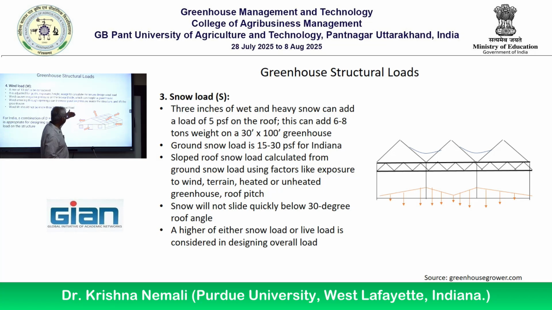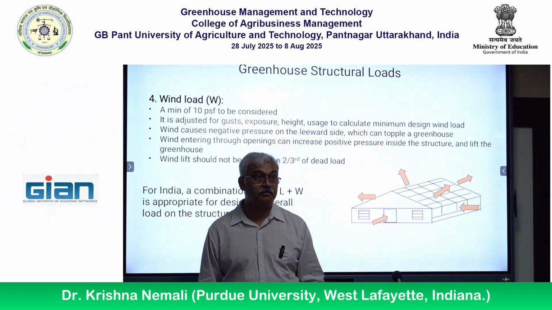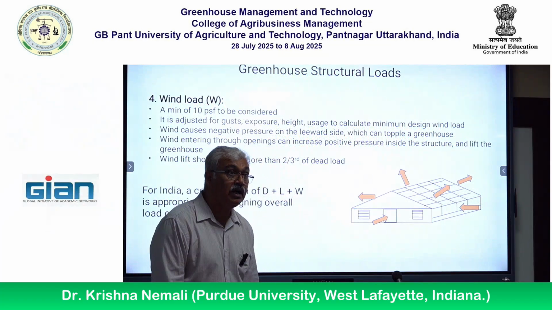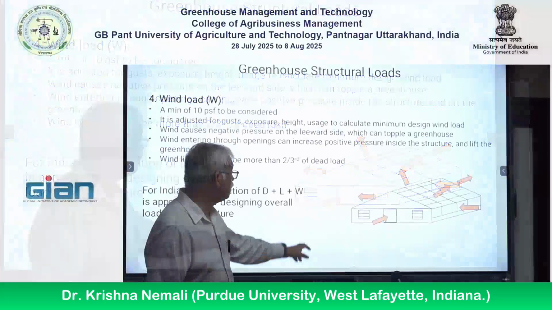If the wind is coming this direction, all right, it creates a negative pressure on this side. You know that. And if the structure is not holding, the dead load is less, it can blow over the structure like that. Okay, bless you. But let's say you open this door by mistake and the wind got into the structure, it lifts the structure up. That's also possible, isn't it? Lifting, turning it upside down, all of this is possible with wind.